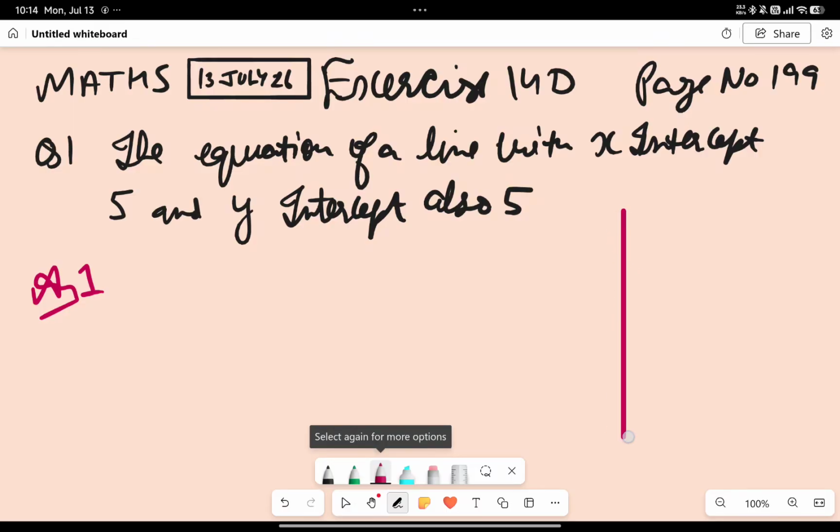Suppose this is your y-axis, this is your x-axis. Now see, the question says x-intercept is 5.